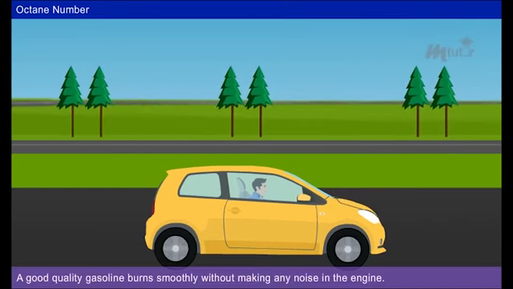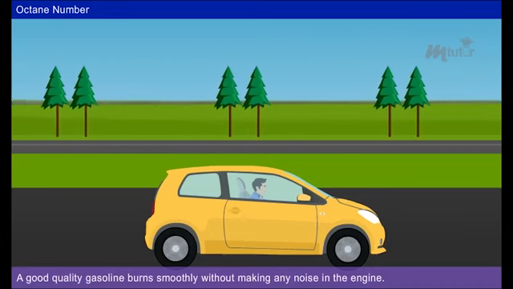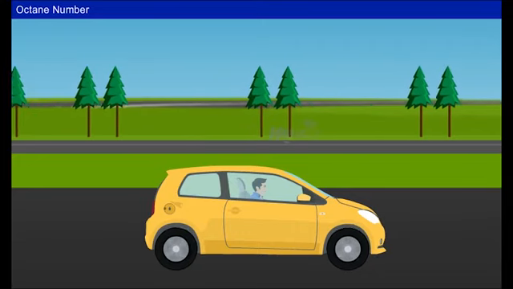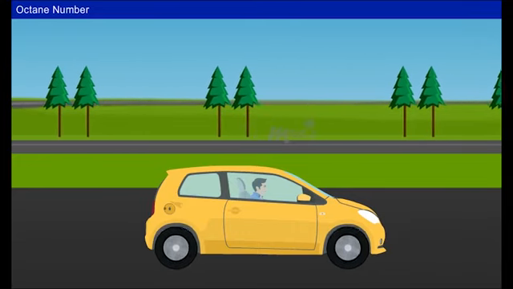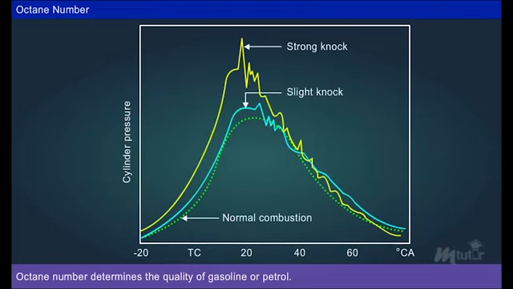A good quality gasoline burns smoothly without making any noise in the engine. When we burn bad quality gasoline, it produces a sudden high pressure and it is not smooth all the time. Thus, pressure waves, or knock, or detonation is formed in the engine. The octane number of a gasoline is a measure of its knocking tendency.